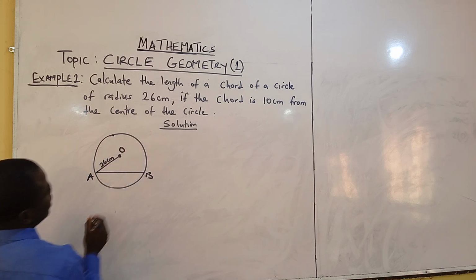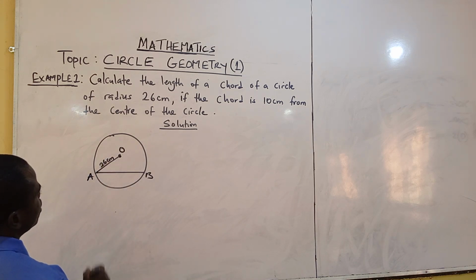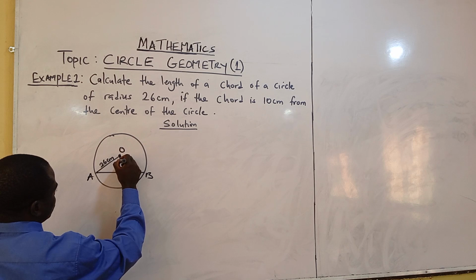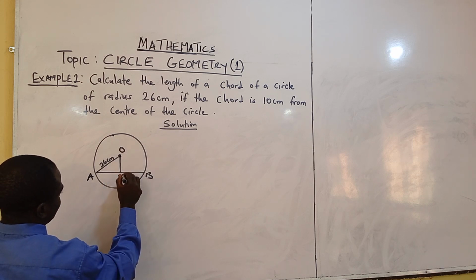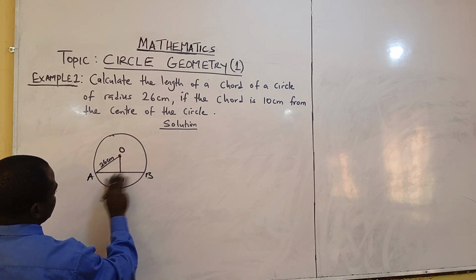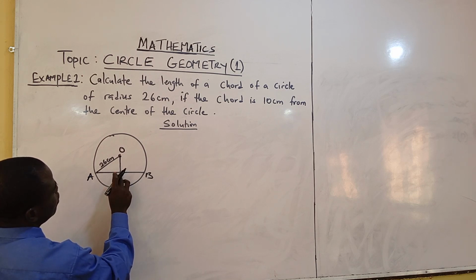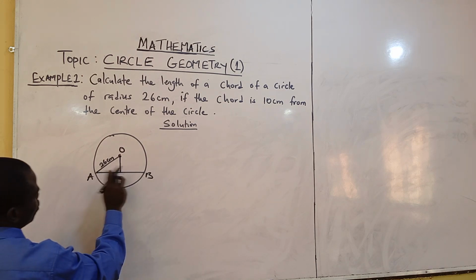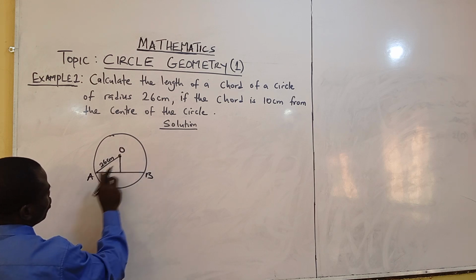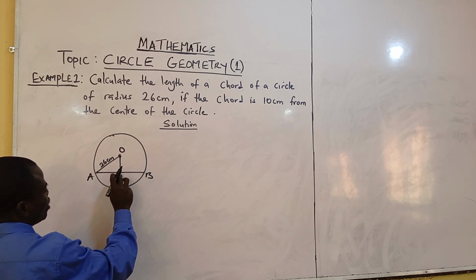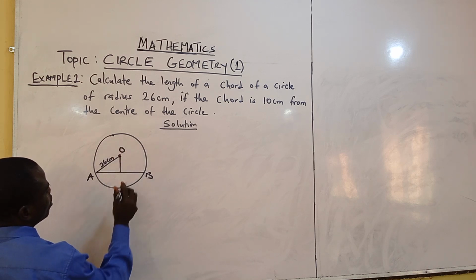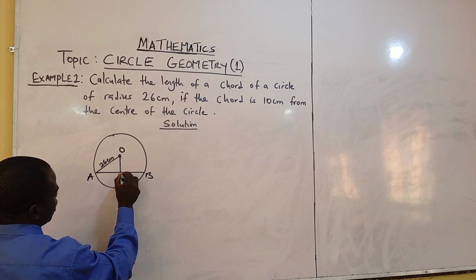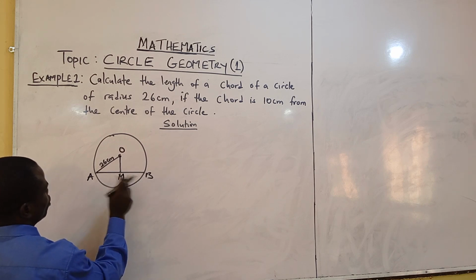If the chord is 10 centimeter from the center of the circle, the center of the circle is O, and the chord is 10 centimeter from the center of the circle. This is the chord. Okay, this M is the center of the chord.